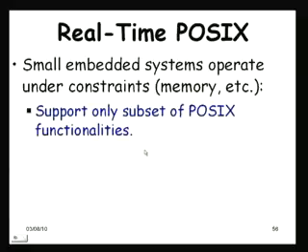But one thing we should keep in mind as we proceed with our discussion is that embedded systems operate under various constraints: power, memory, even the processor speed. So, many of these embedded operating systems actually support only a subset of the POSIX functionalities.